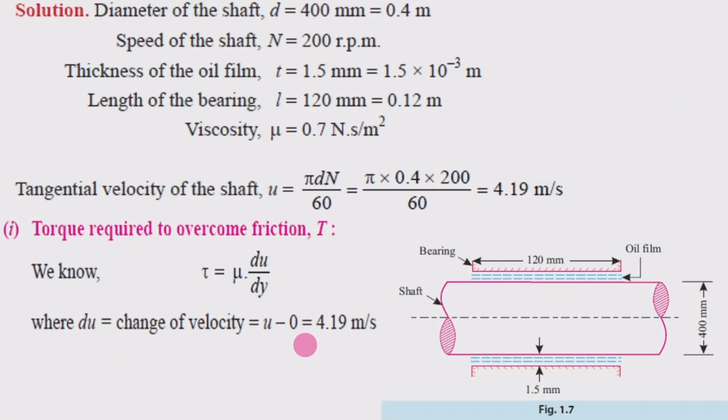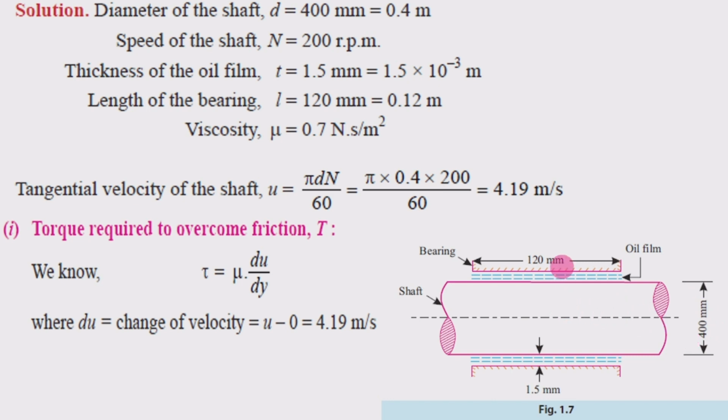Moving to the problem, here the sketch is given for that problem arrangement. This is the bearing which has the 120 mm length, in which the shaft is rotating at 200 rpm and its diameter is given 400.